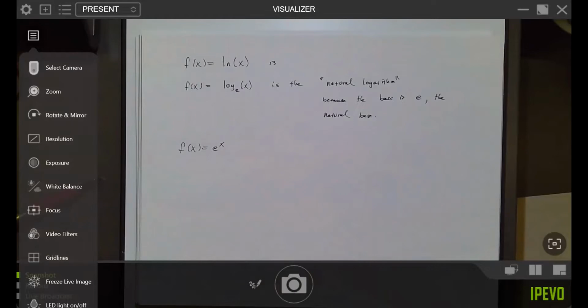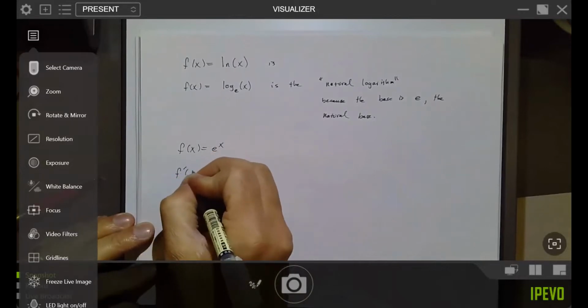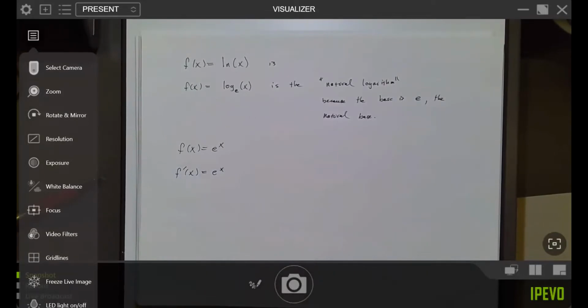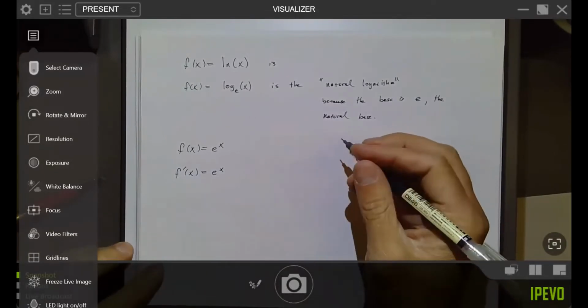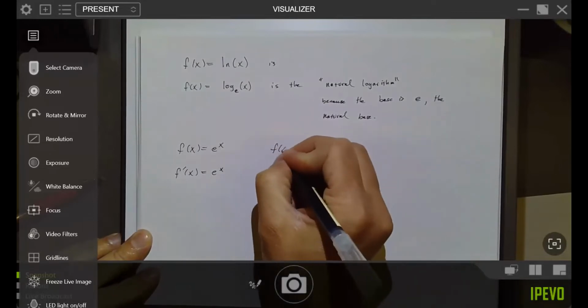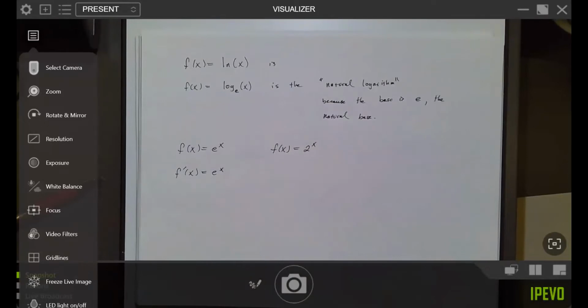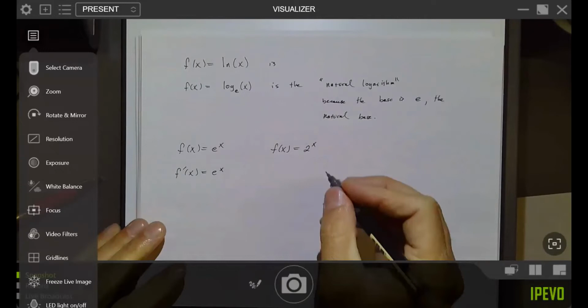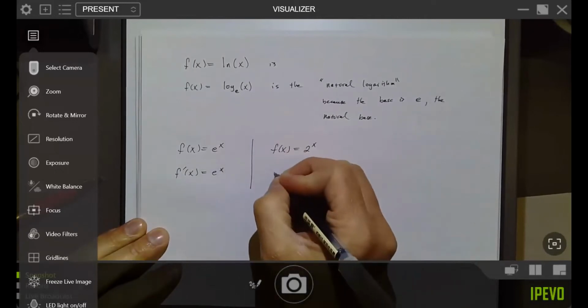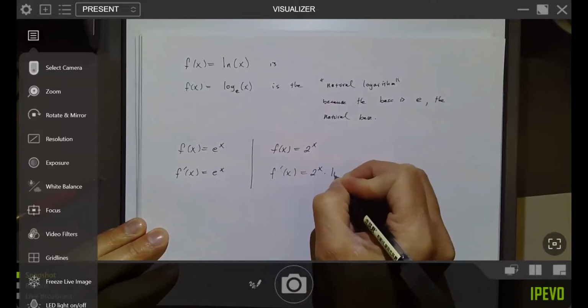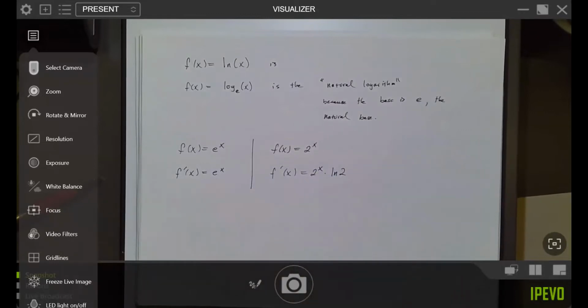So if your function is e to the x, the derivative is e to the x. If your function is some other non-natural base, the derivative is not as nice. For example, if your function is 2 to the x, and we will definitely delve into how you get this a little bit later, like probably next Tuesday, the derivative is not quite as nice. It's 2 to the x times the natural log of 2.